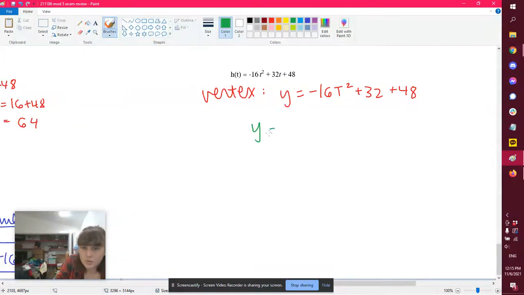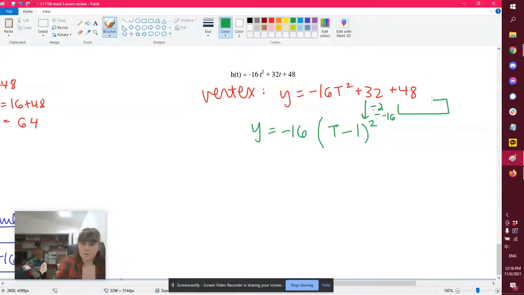We do negative 16 up front because that's our a. We do t, and then we say this number divided by 2 and divided by negative 16. So 32 divided by 2 is 16. And then divided by negative 16 is negative 1, squared.